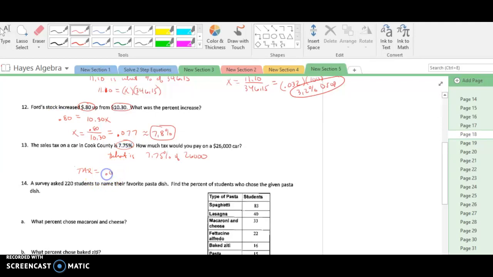So we know that's going to be 0.0775 times 26,000, the value of the car. 0.0775 times 26,000 gives you $2,015, and that is correct. That's what you would pay in sales tax on a car.